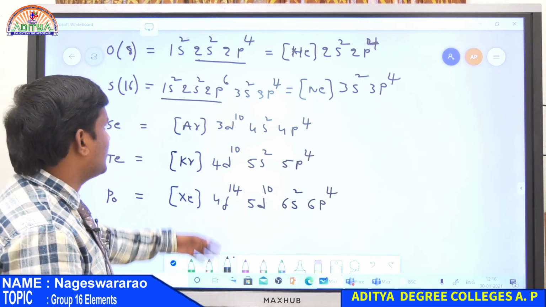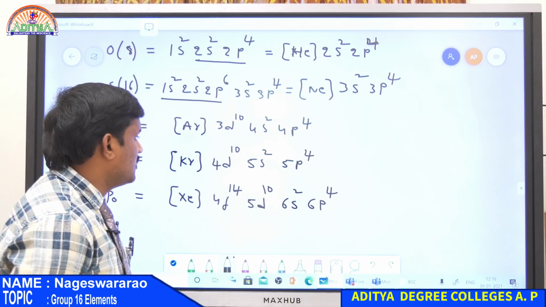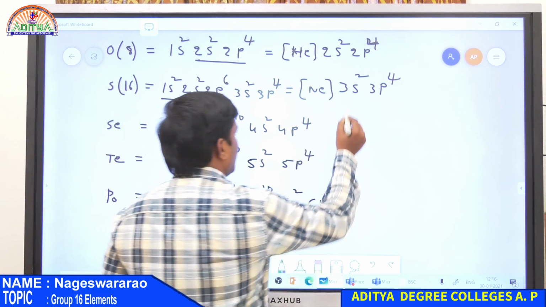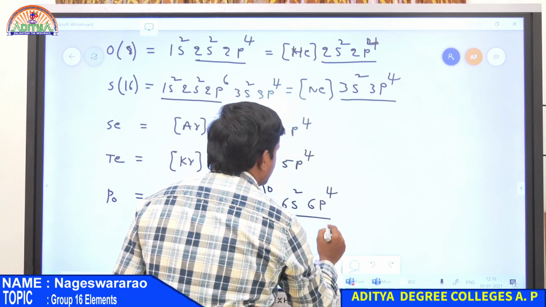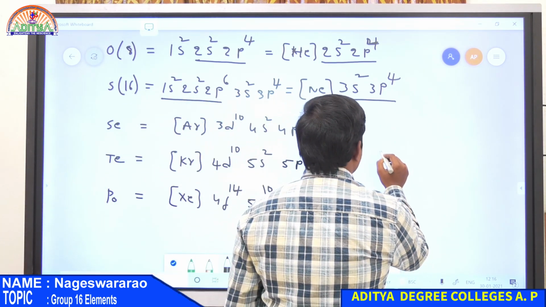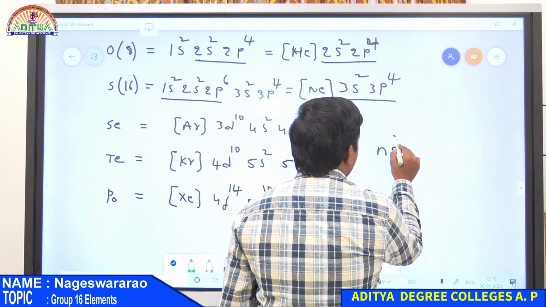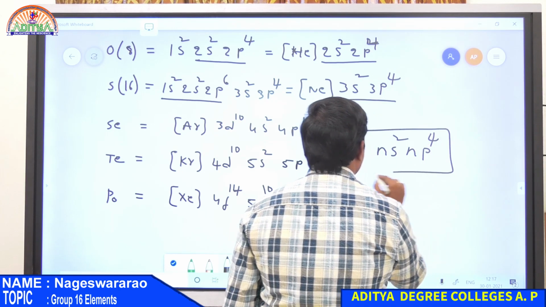So these are the electronic configurations of the elements present in the oxygen family. All have 2s2, 2p4, 3s2, 3p4 up to 6s2, 6p4. Therefore the general electronic configuration is ns2, np4.